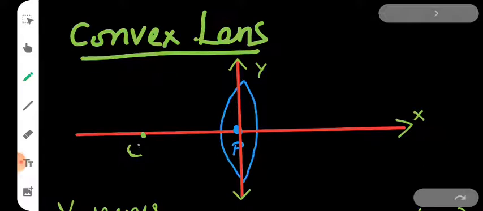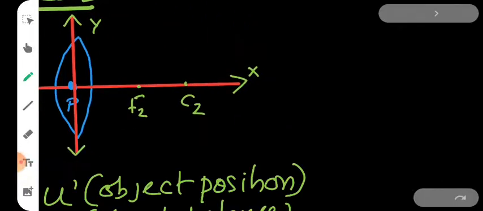On this side the center of curvature was C1, and let me mark the focus, I'll call it F1. On the other side we have F2, and the center of curvature C2. All right, first ray diagram. Let me draw a box over here.